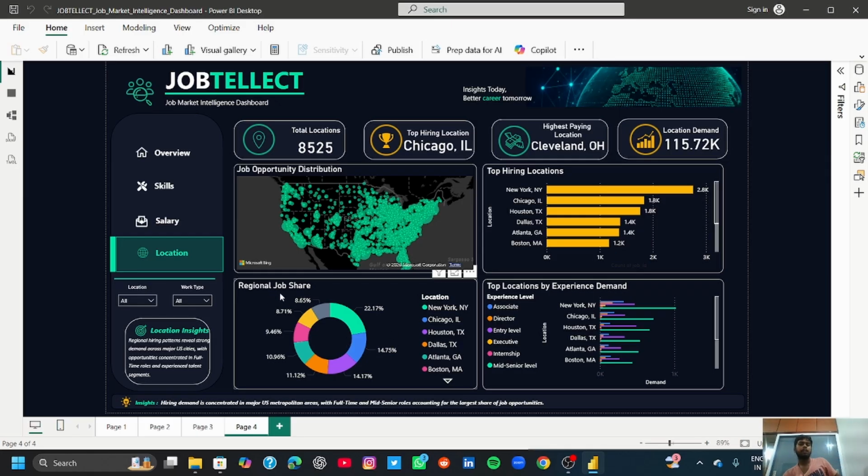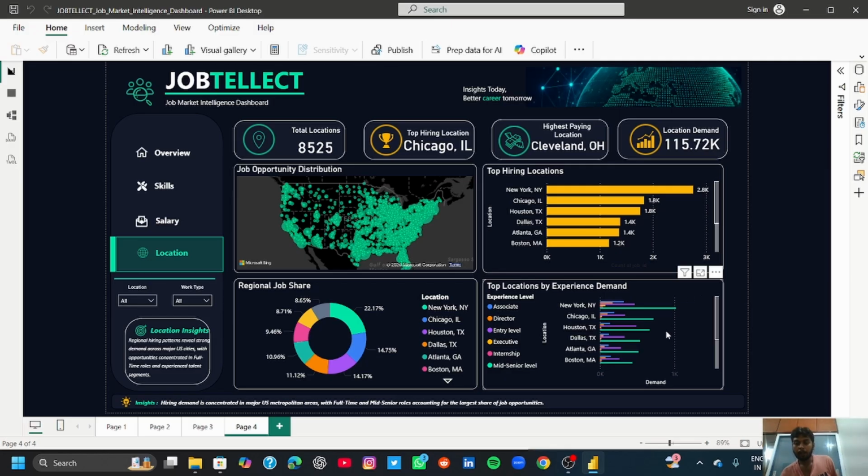And the regional job share here, as we saw there, is New York, Chicago, Illinois at 22.27, 14.75, and much more. Here, another chart is the top locations by experience on the demand. As associate director, entry level, executive, internship, and mid-senior, here we can see how much their demand is over the particular top locations.